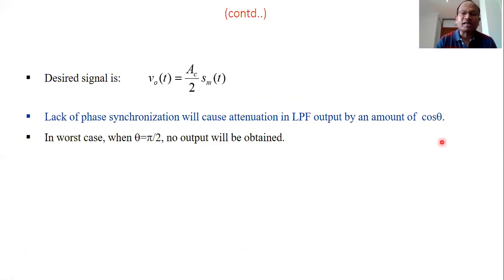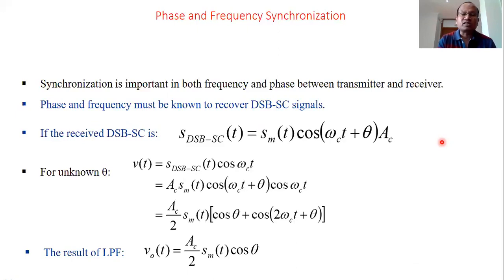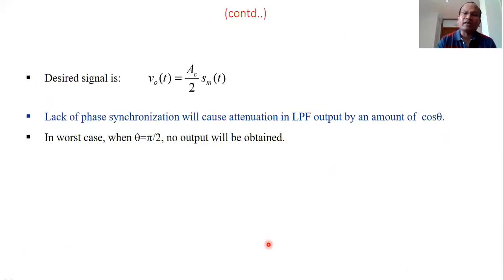What will be the worst case? Can you imagine? The worst case will be when theta becomes pi by 2. For example, the phase difference is 90 degrees, pi by 2 radian. What will happen? Cosine of 90 degrees is 0. So if it is 0, we will not get any output. So in the worst case, when theta is pi by 2, no output at all will be obtained.